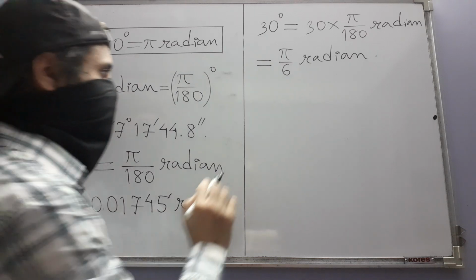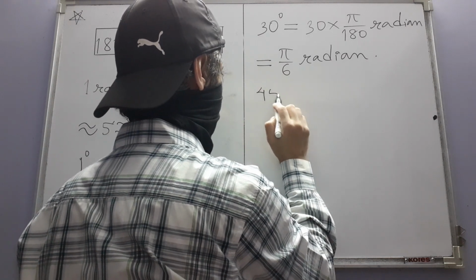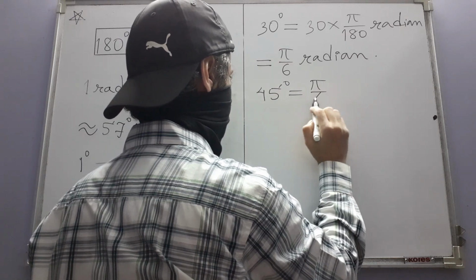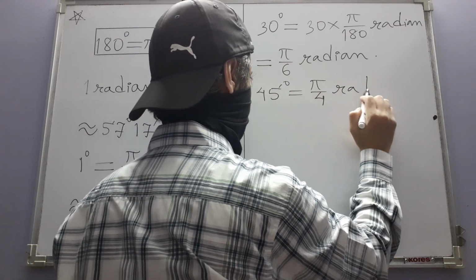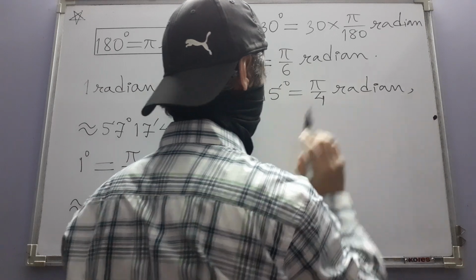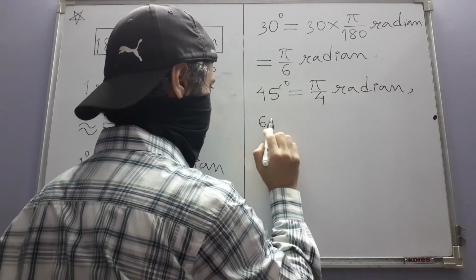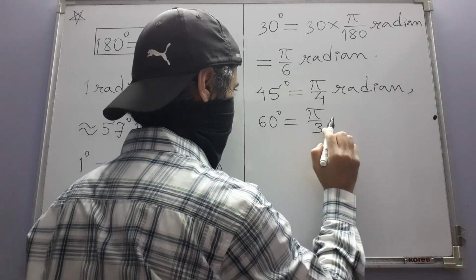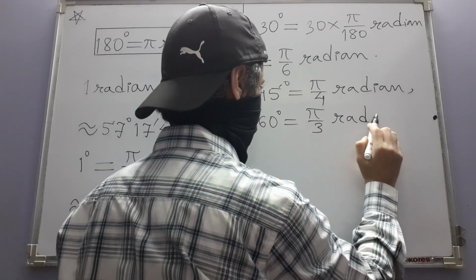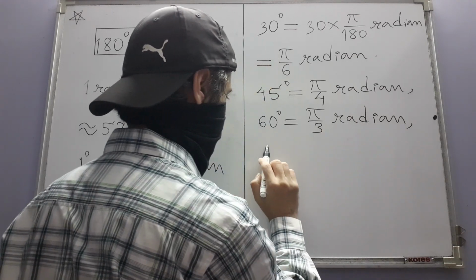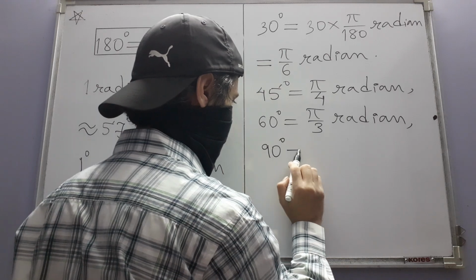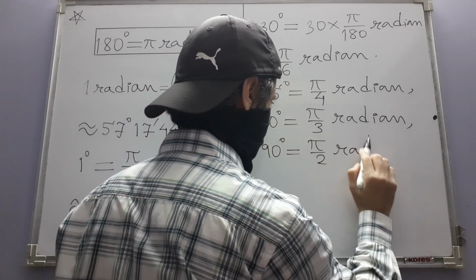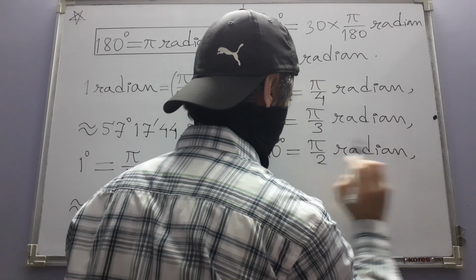Similarly, you will see that 45 degrees is pi over 4 radian, then 60 degrees is pi over 3 radian, 90 degrees is pi over 2 radian.